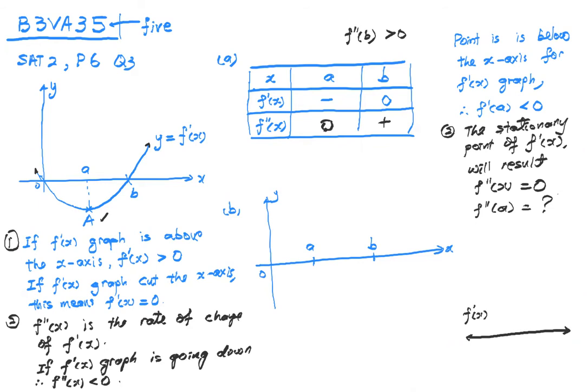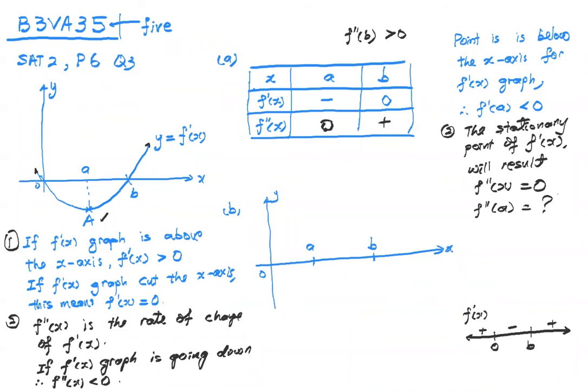Why 0 and B, Liang Yi? Because it's intersection. Yeah, it's the 2 x points intersection. You are right. So based on the graph of f prime x, what should be the sign? Above, below, above.